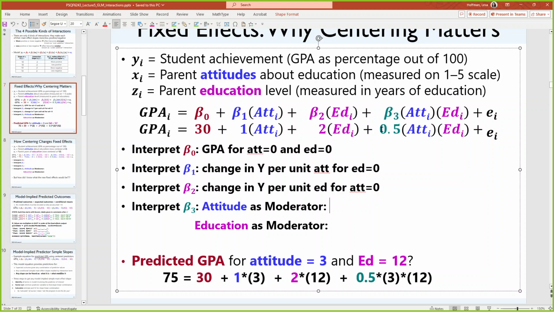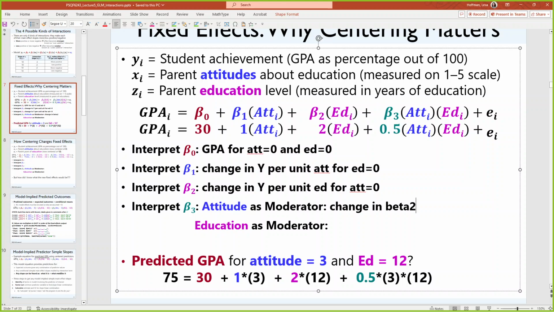Now the question is, how do we talk about this 0.5? That's the rate of increase as education increases by 1? Close. The trick to this is to not start the sentence with change in Y. The trick is to start the sentence with change in beta 2.